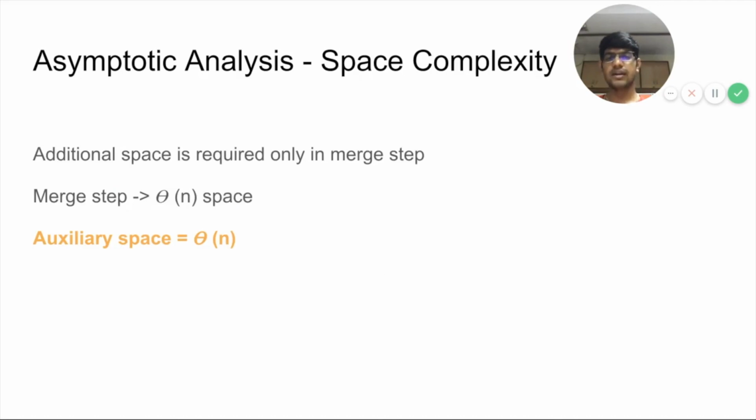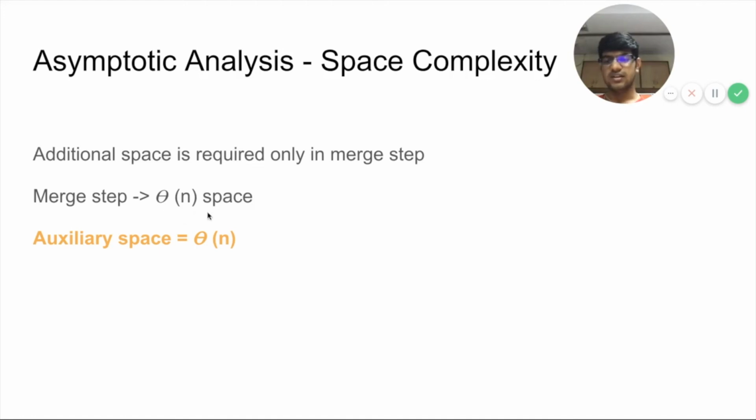Next, we need to analyze the space complexity of the merge sort procedure. The only additional space is required in the merge step in different recursive levels. At any step, the maximum space required is equal to the length of the subarray that is to be merged.